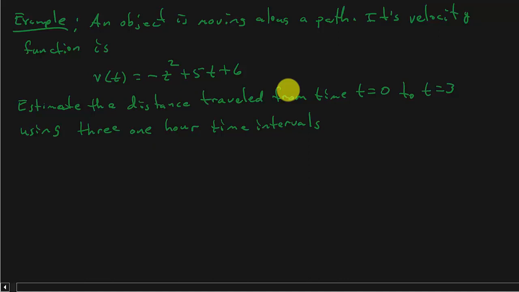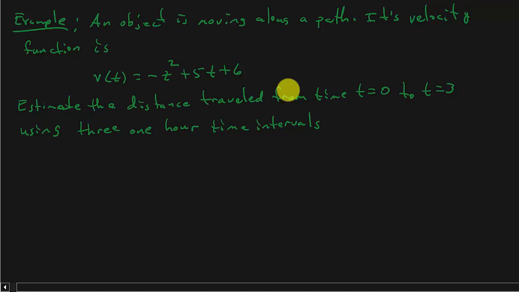Estimate the distance traveled from time t equals 0 to t equals 3 using 3 one-hour time intervals. So we're going to break this up into 3 subintervals. We're going to use rectangles and sum those areas up. We're going to do left endpoints, right endpoints, and midpoints, and compare those results and see what we get.